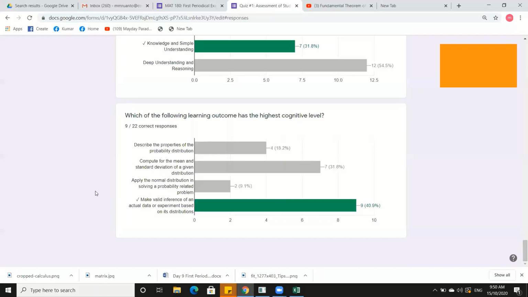So this is more of evaluating. Which of the four is the highest? Letter A is understanding, letter B is applying, letter C is applying and analyzing. Letter D is evaluating. So definitely the highest one is evaluating. Therefore the answer here should be letter D.